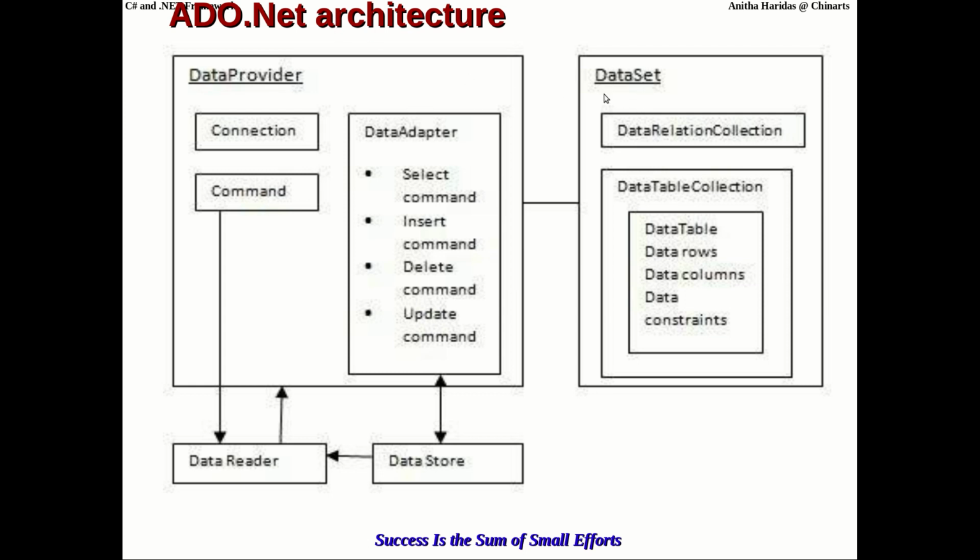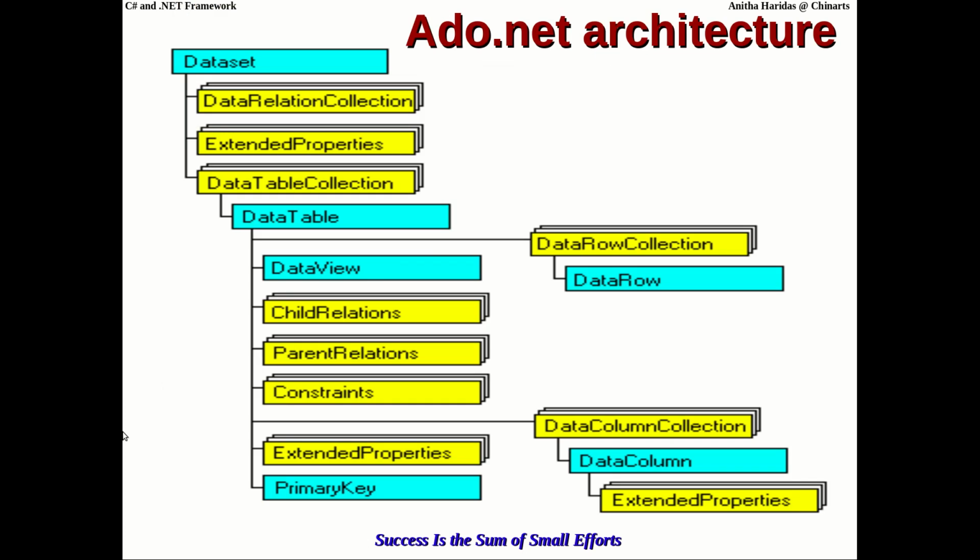You have a data set, you have a data store, you have a data reader. The same can also be represented like this. You have a data set, you have data inside the data set, you have all these kinds of objects such as table, rows, columns, primary key, views, etc.